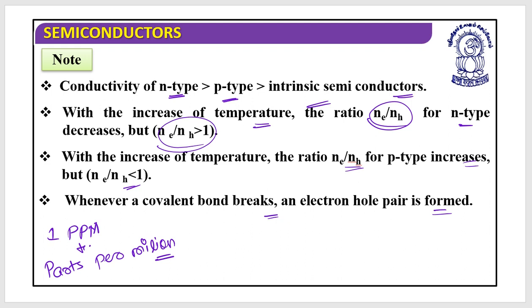And when only 1 part per million is added, you may understand that only a very little amount of holes or electrons can be generated, but at least something is better than nothing.